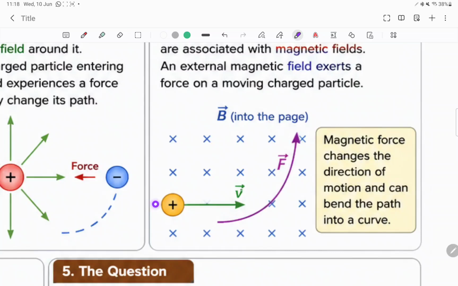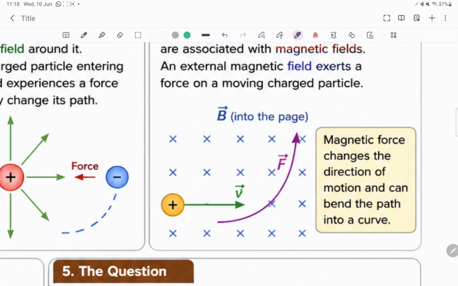After entering the magnetic field, the magnetic force acts on these particles and changes their path. Before the field it is a straight line, but because of the field, it changes from a straight to a curved path. So the magnetic force changes the direction of motion and can bend the path into a curve.